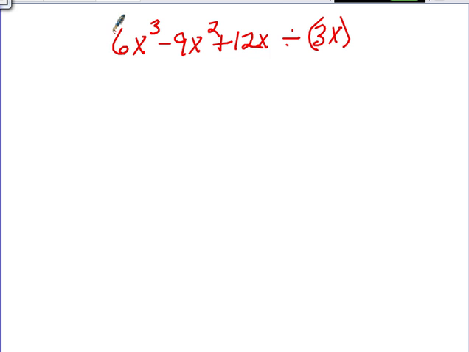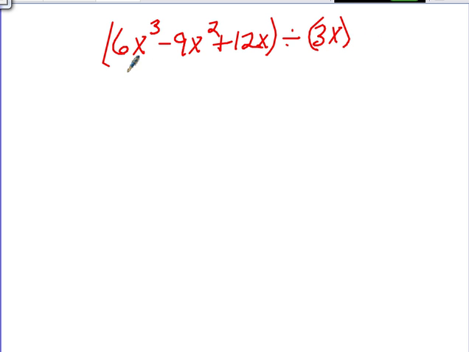Sometimes synthetic division is not required, such as if you had 6x to the third minus 9x squared plus 12x divided by 3x. If you're dividing all of that by 3x, guys, you don't need synthetic division there. You're not dividing by something like x minus 3 or x plus 4.